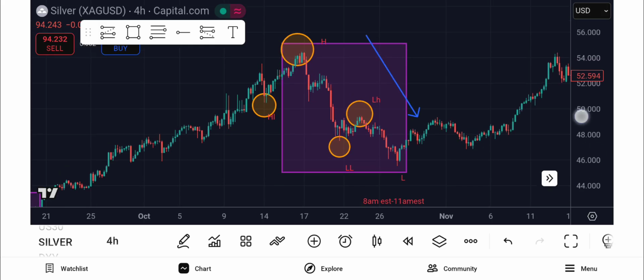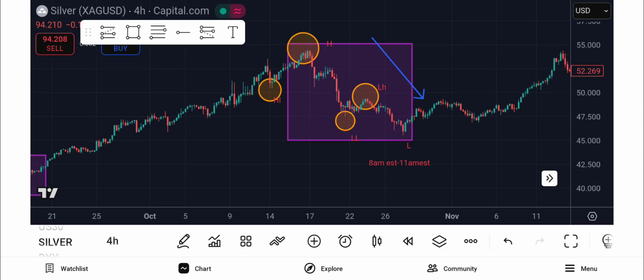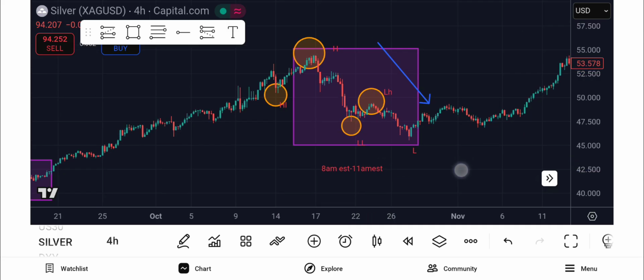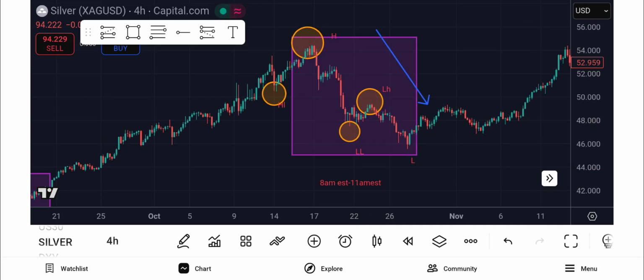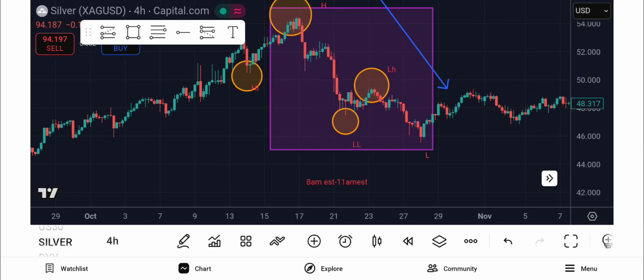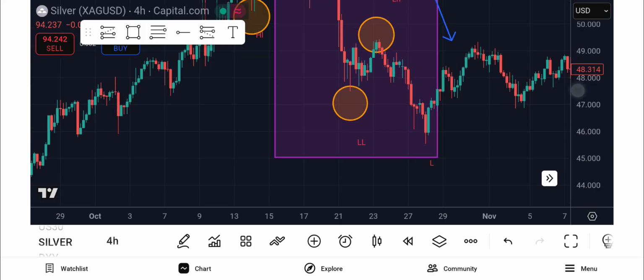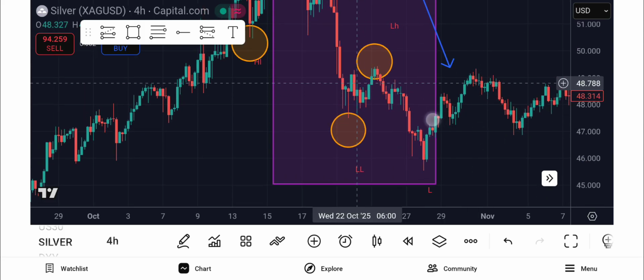So wherever you are, make sure you change the time to Eastern Standard Time, or you convert it to fit your time zone. Once this lower low gets formed within this downtrend, you're gonna look for fair value gaps. You're gonna identify every fair value gap you see.